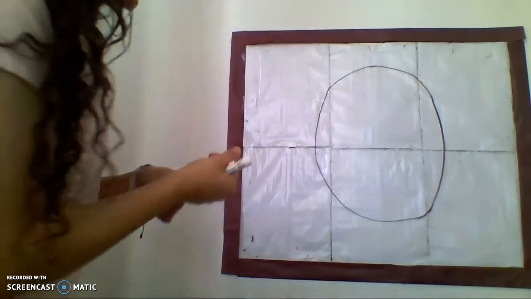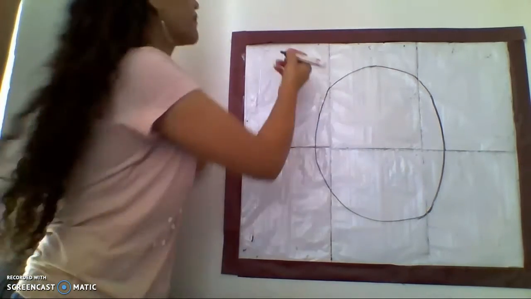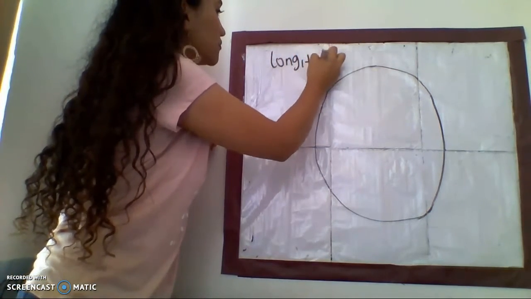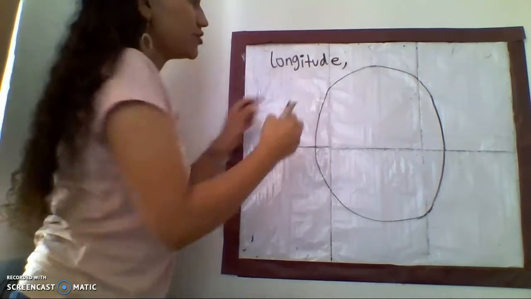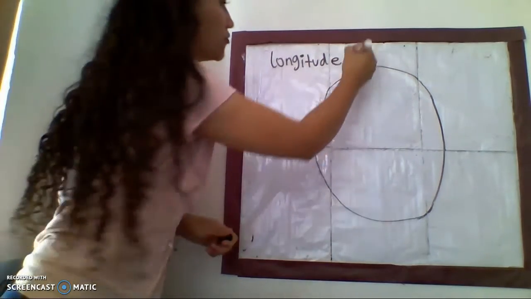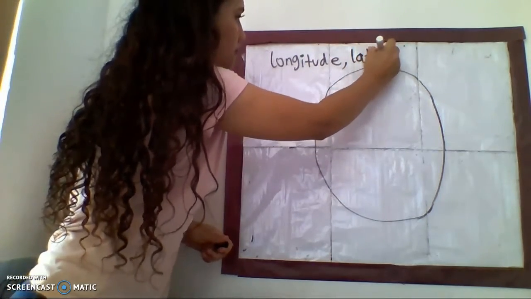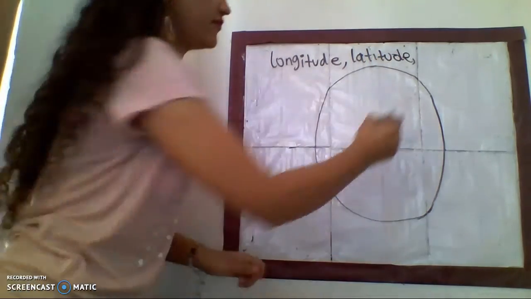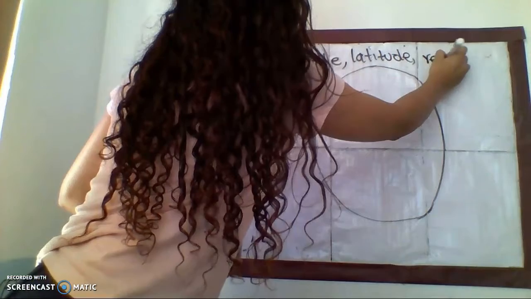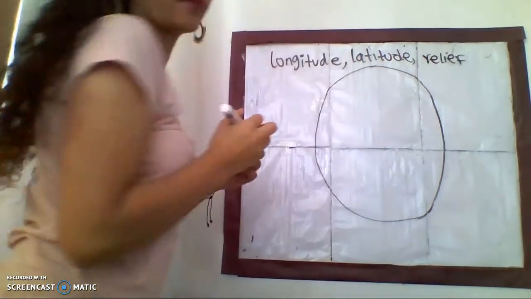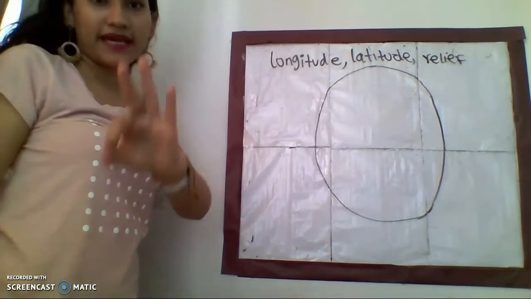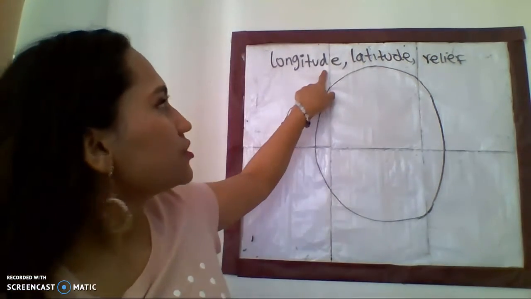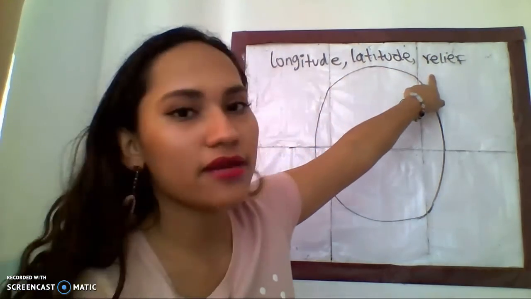The climate has the longitude, latitude, and the relief. These are the three elements of the climate: longitude, latitude, and relief.